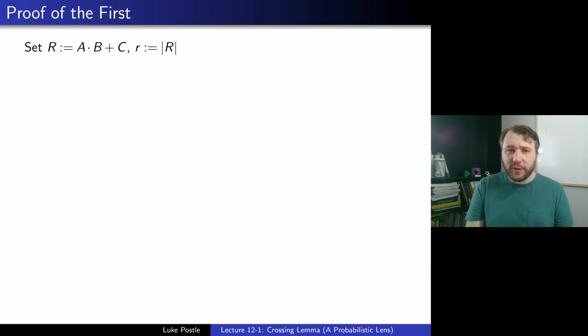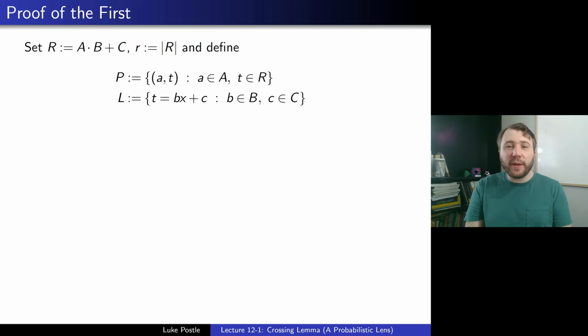So proof of the first: we're interested in, I'll call it R, this A times B plus C, and I'll make little r the size of R. So we want to apply Szemerédi-Trotter, so you need points and lines. What should the points be? Well, for the points, I'm going to take (a, t), where a is in A and t is in R. So we think of these as points where the first coordinate is in A and the second coordinate is this product-sum thing.